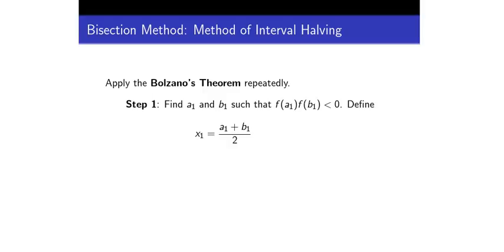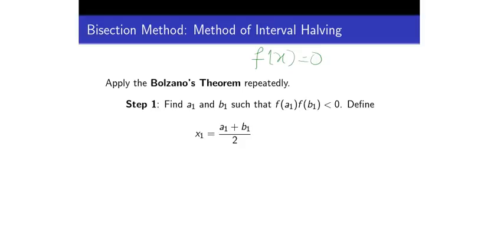So first, you are supposed to solve an equation f of x equals 0. You want to identify r such that f of r is 0, but an exact root may or may not be achieved. You need to achieve a good approximation.